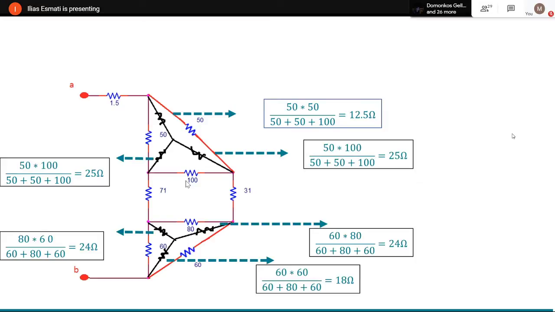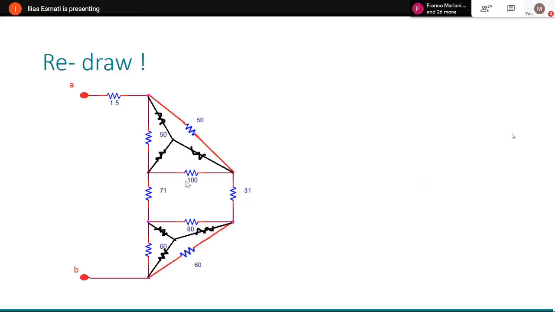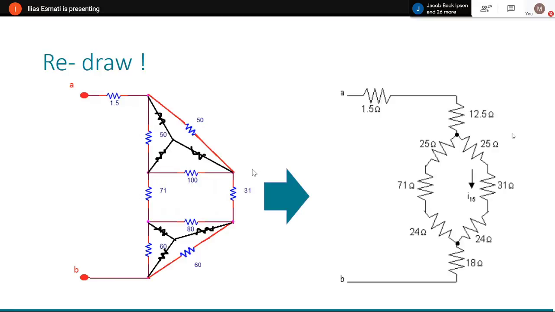Okay, so from this now we can see that we have transformed from delta to Y, and then let's redraw this circuit, because the red is originally what we found, and this is the black resistors. So that means it will look like this.